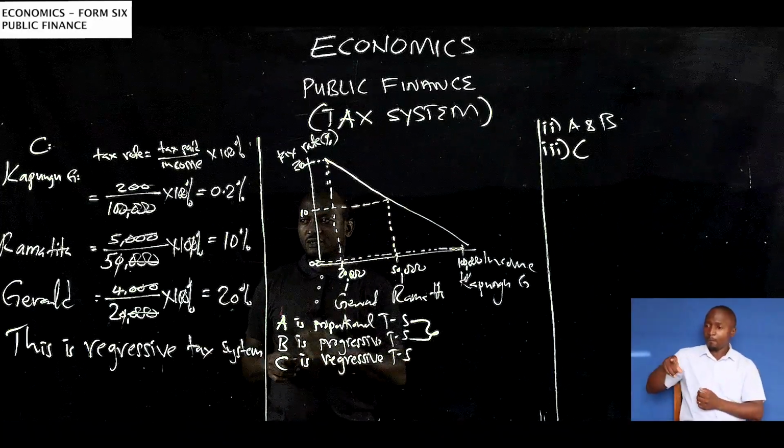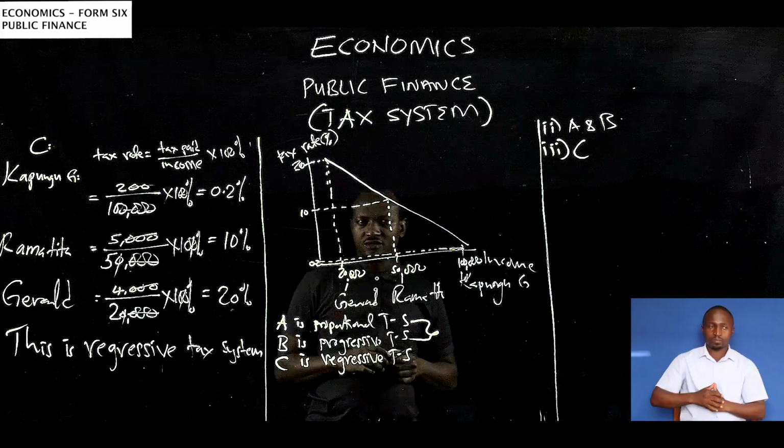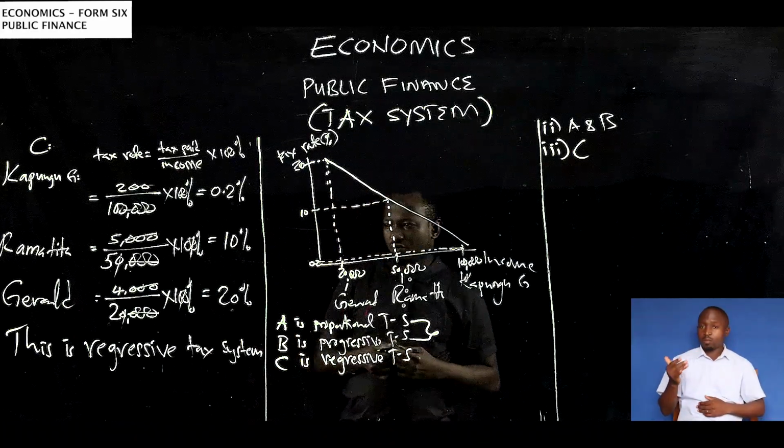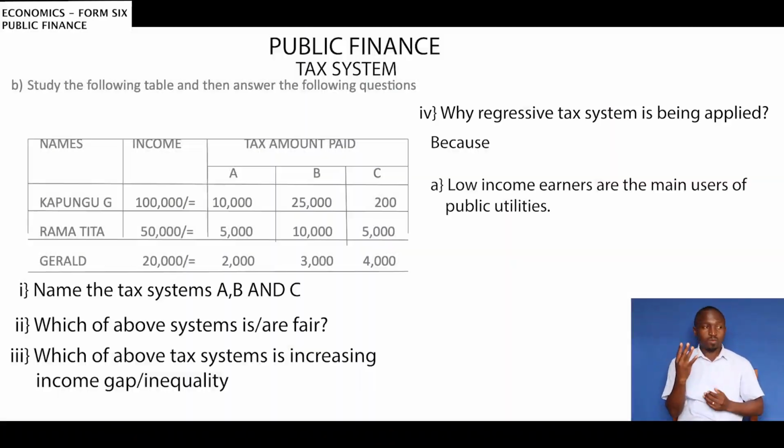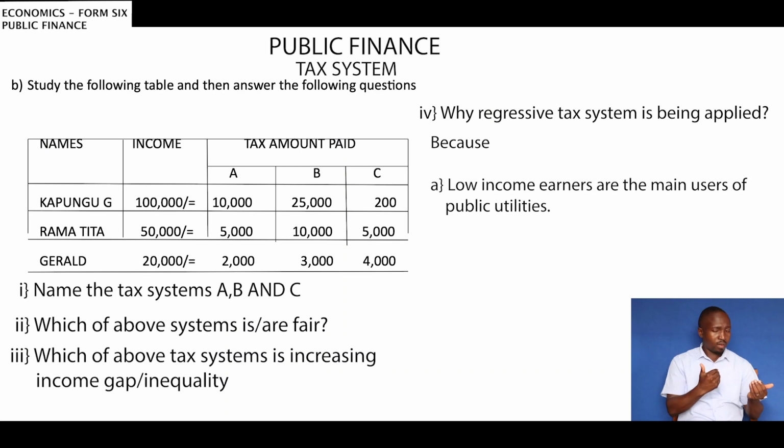Let's see another question. Roman 4 says, why is the regressive tax system being applied? Why regressive? It means why we tax low income earners at a higher rate. Why not high income earners?